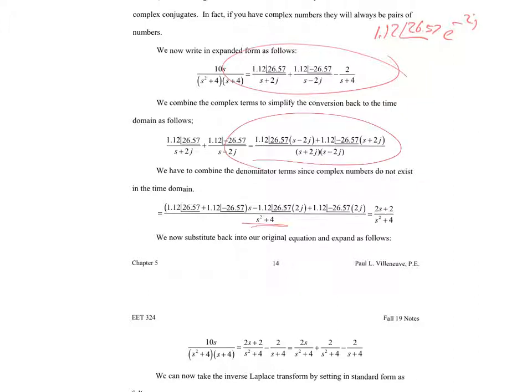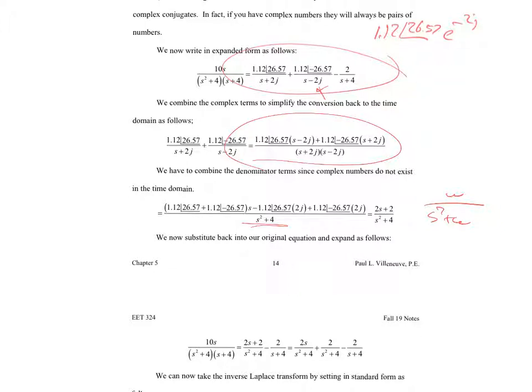And if you look at the Laplace table, there is something that has an s squared plus omega squared in the denominator, and that equates to a sine function, as long as you have omega here. And sine waves and cosine waves exist. Those are things that we can build. We can make a function generator downstairs, put an oscilloscope on it, and easily get a sine wave or a cosine wave. It's just that this 2j is where it doesn't work.